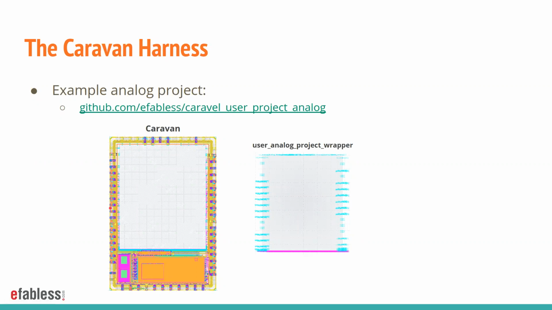The only difference between the two is the chip padframe and the user wrapper. So in the analog, it is called user analog project wrapper. And we also have a template project for the analog flow called Caravel user project analog.